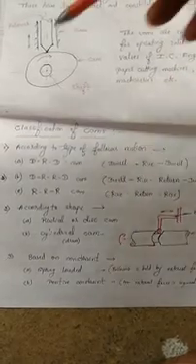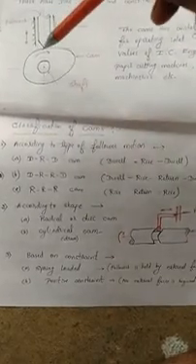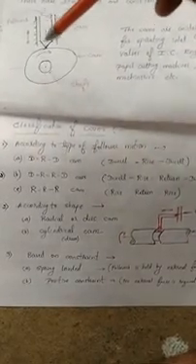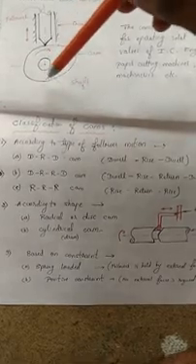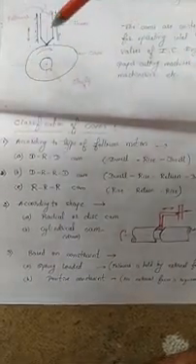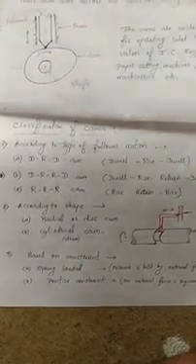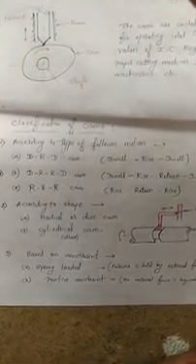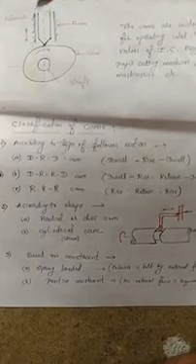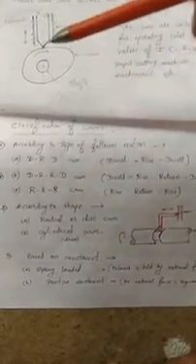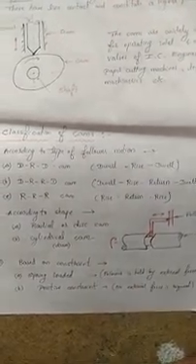Dwell means it will not be lifted up or down, that is, it remains constant. Rise means when this rotates, it will move upward, and then remain constant for some period of time, that is dwell. So dwell, rise, dwell.